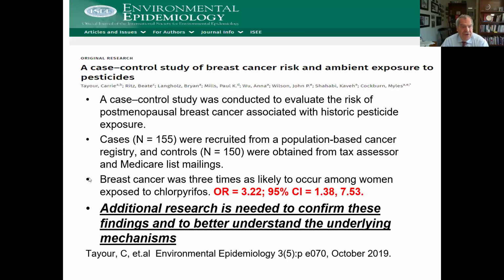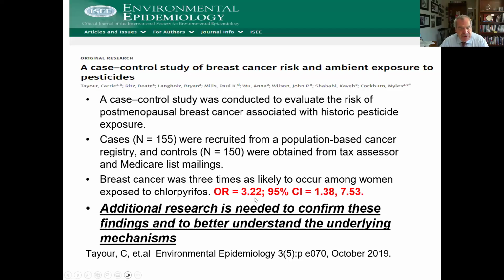They had 155 cases recruited from a population-based cancer registry, and controls matched almost 1-to-1, obtained from a tax assessor and Medicare list mailing. So what we're seeing is cases that have breast cancer, and controls who did not have breast cancer, chosen from that other source. As you did the calculations and calculated the odds ratio, you found that breast cancer was 3 times as likely to occur among the women that were exposed to the pesticides.